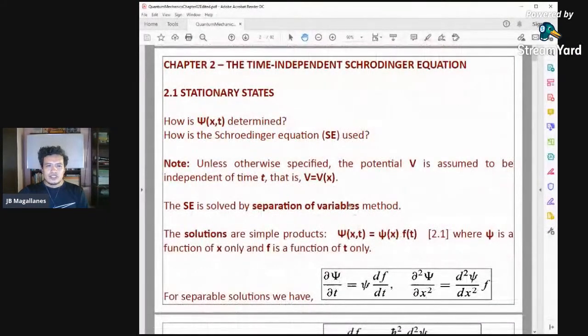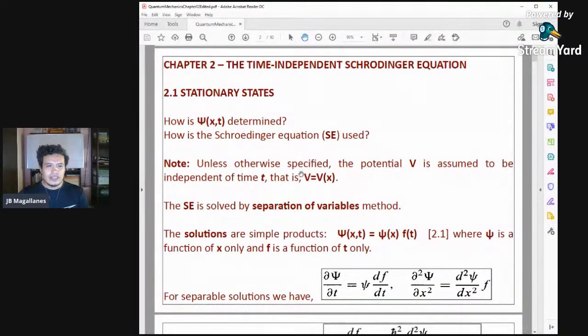So in chapter 1, we learned about wave functions and the Schrodinger equation. We learned that the wave functions are derived from the Schrodinger equation. The wave function is a function of space and time.